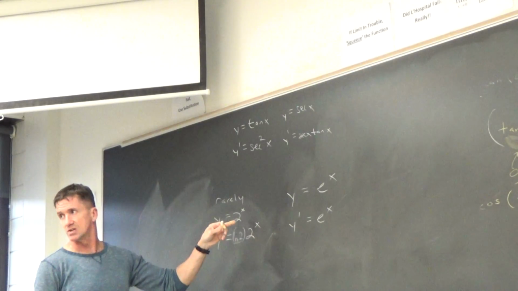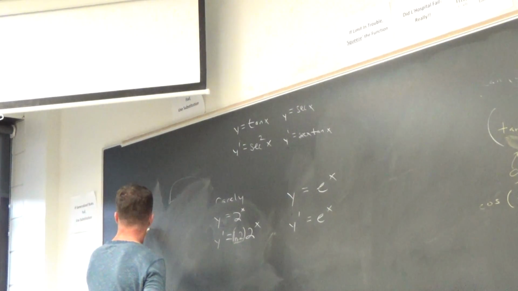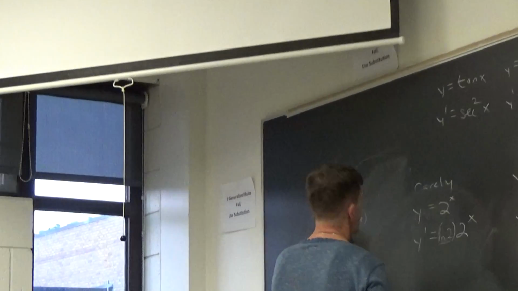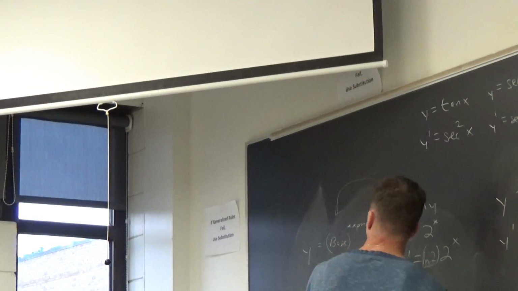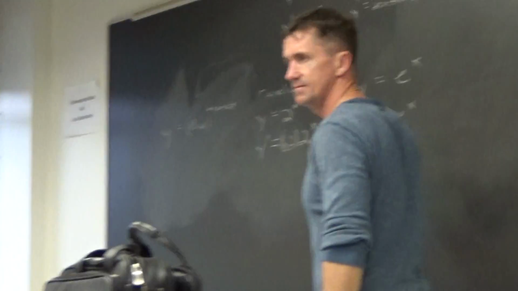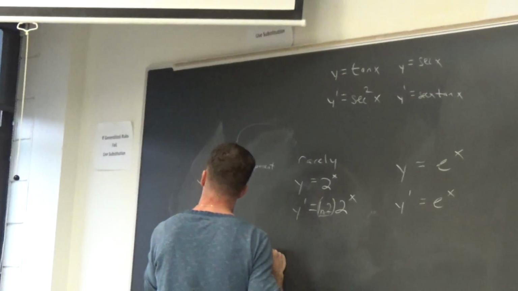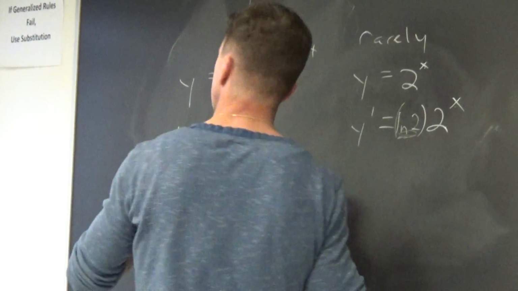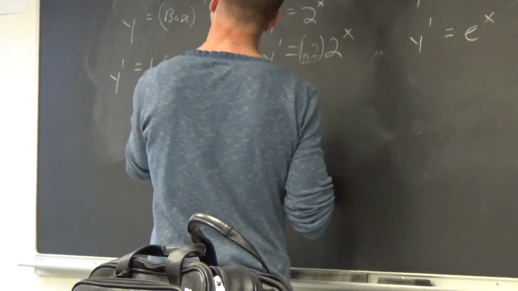So the most complicated case for these rare cases is where you have any base raised to some exponent different from e to the x. Well, then the derivative will be this. Make sure you write the natural log of that base. Rewrite the base to the exponent.